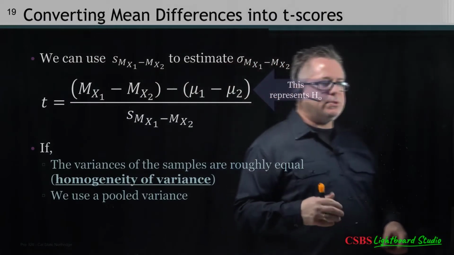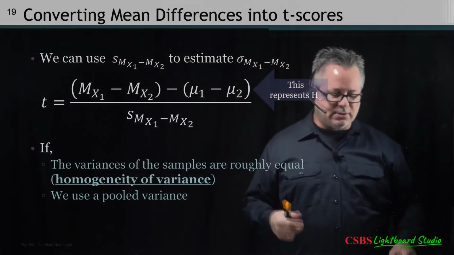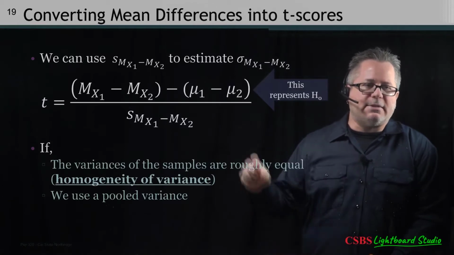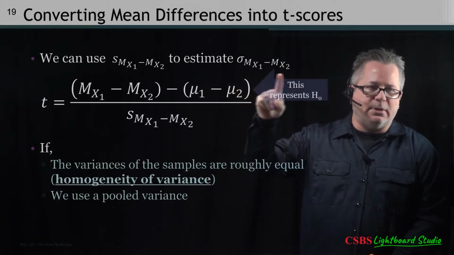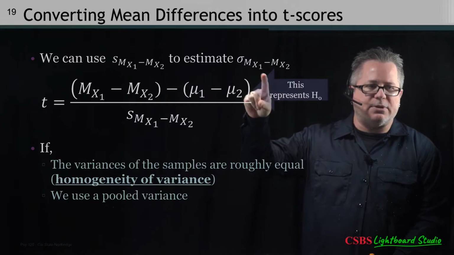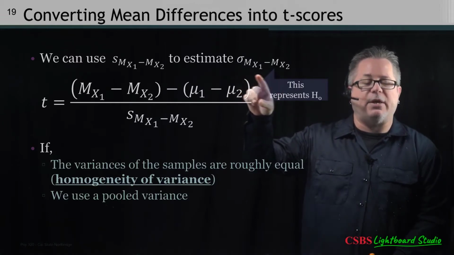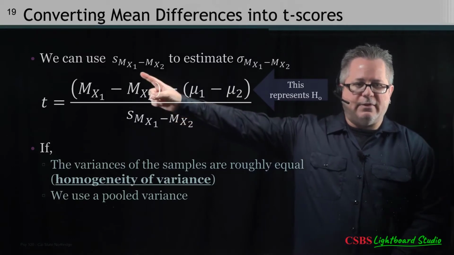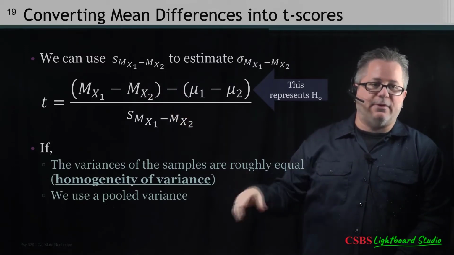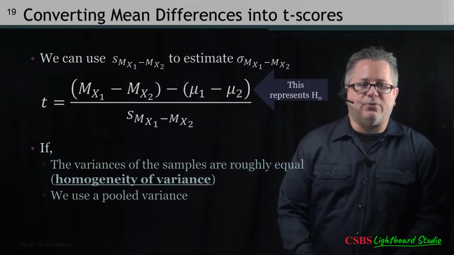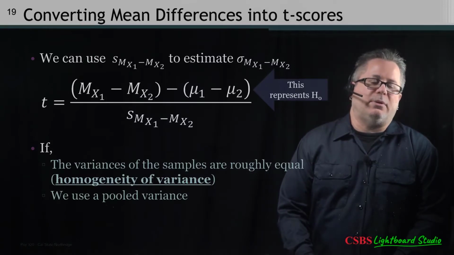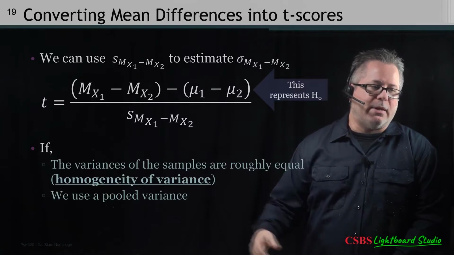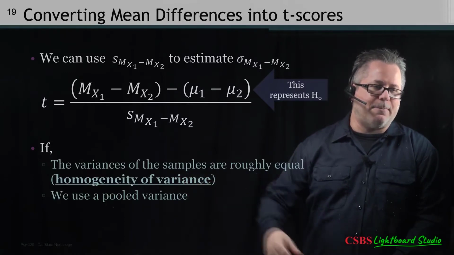We can use our S's, the standard deviations of our samples, to estimate this sigma sub mx1 minus mx2, the standard error of the difference between the 2 means. I can use this if, and down here it says, if the variances of the samples are roughly equal. This is called the homogeneity of variance assumption, and if we pool the variances together.